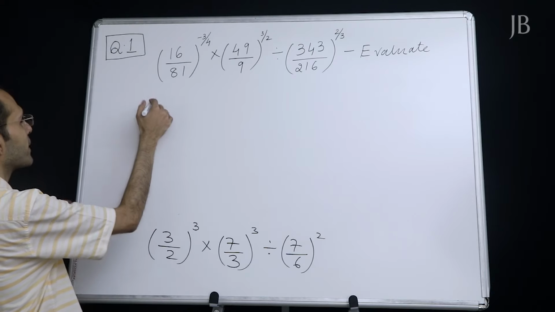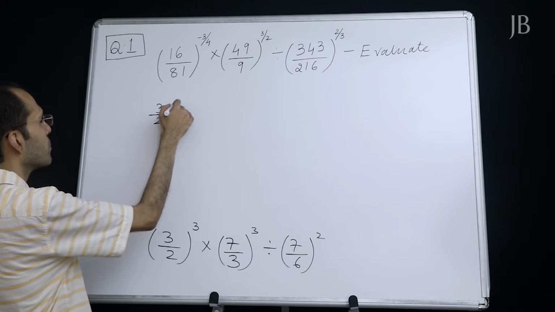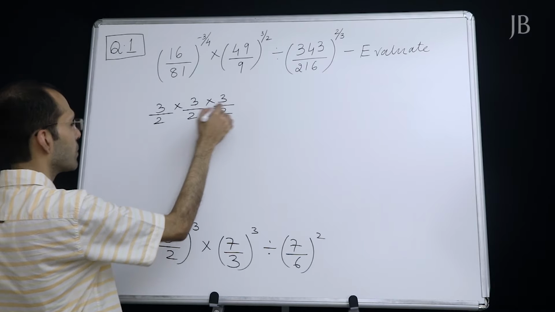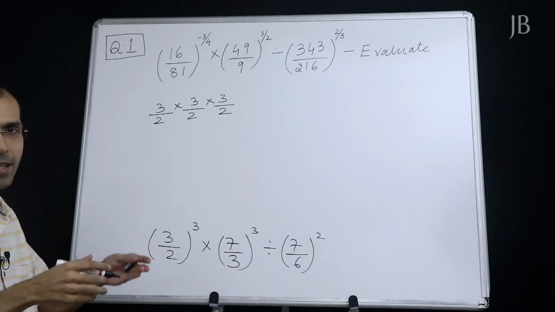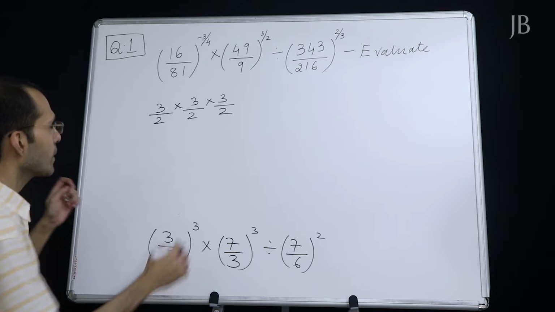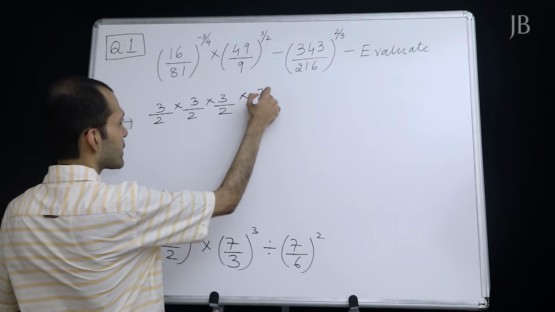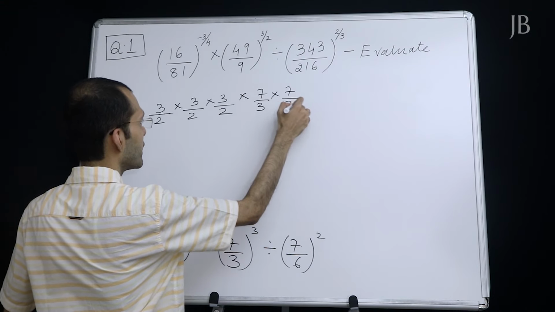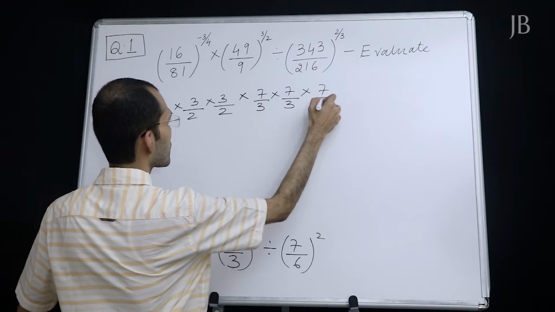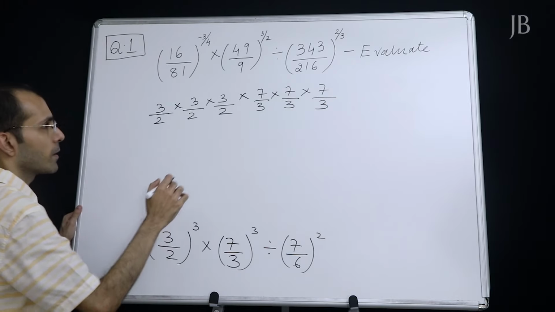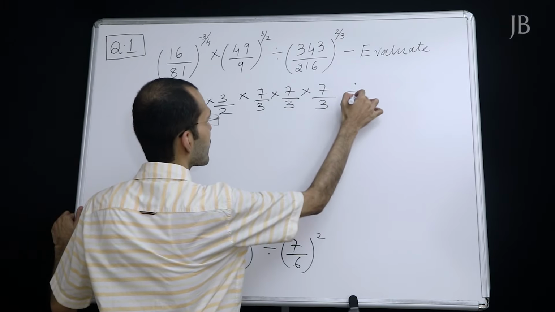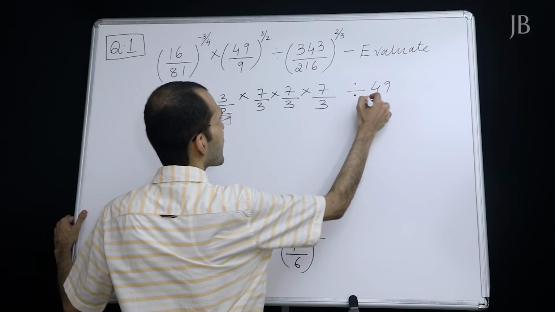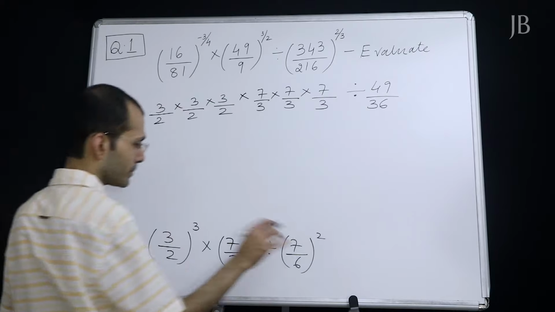So this we will write as 3 by 2 into 3 by 2 into 3 by 2, because a cube is A into A into A. So same thing, into 7 by 3 into 7 by 3 into 7 by 3, divided by, so this we take as 7 square is 49 and 6 square is 36.